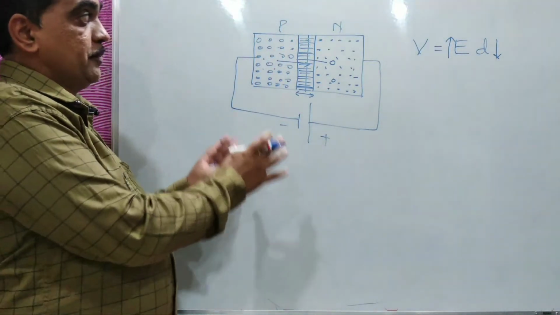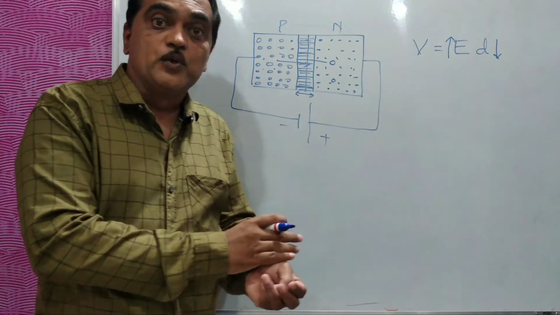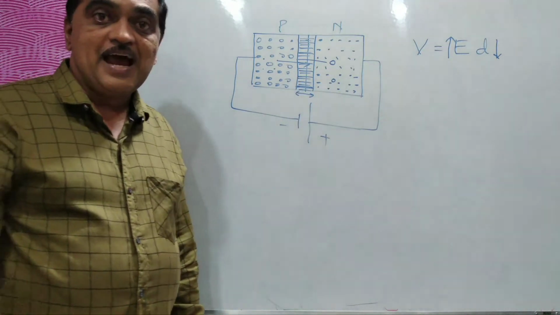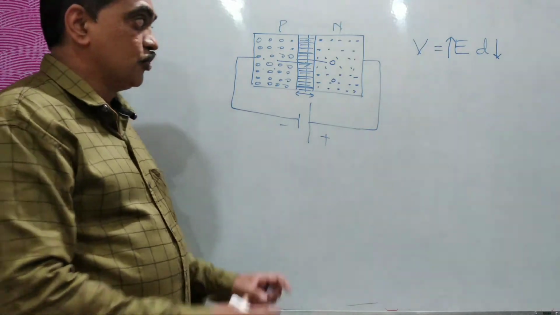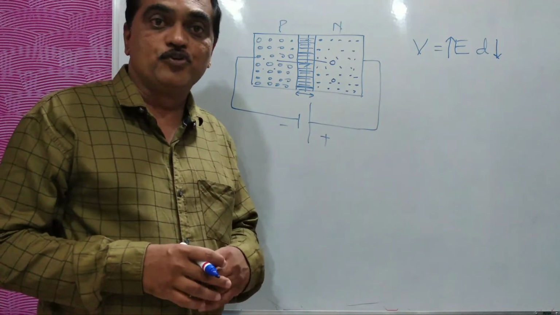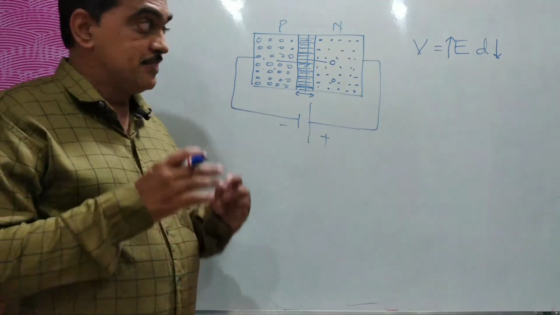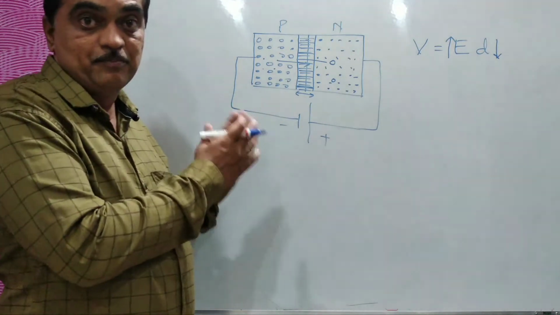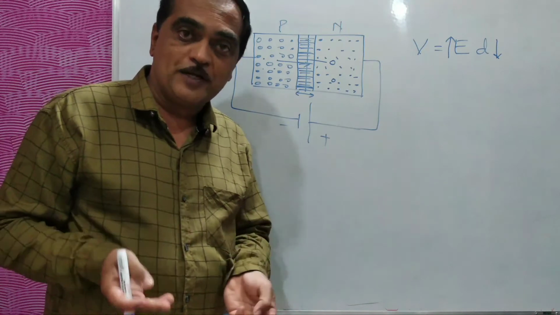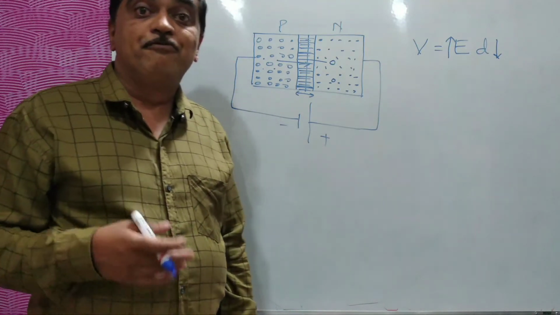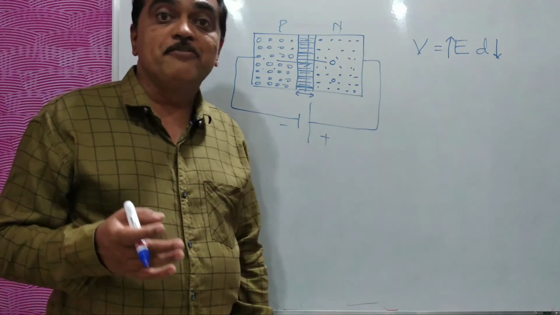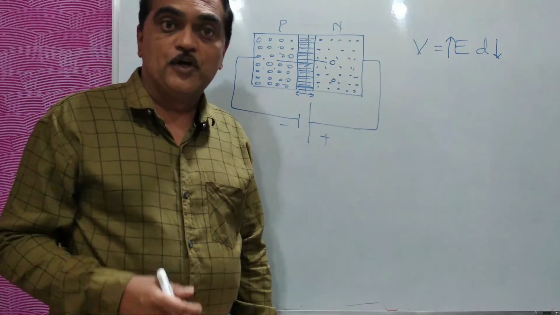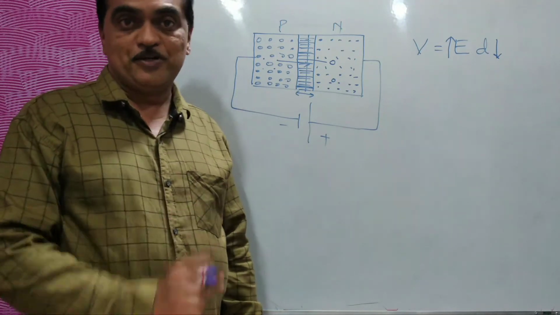That is what gives a Zener diode a high electric field at the depletion region because of heavy doping. This high electric field will make the atoms in the depletion region break their covalent bonds and give free charge carriers. So many free electrons will come out, and because of that there will be a breakdown which is called Zener breakdown.